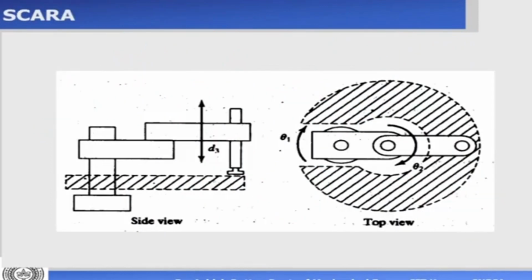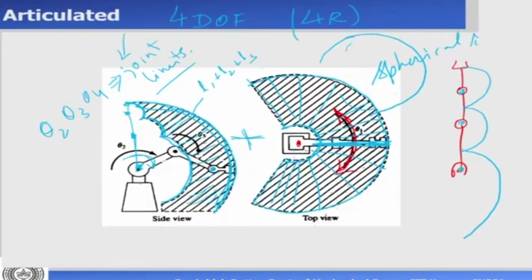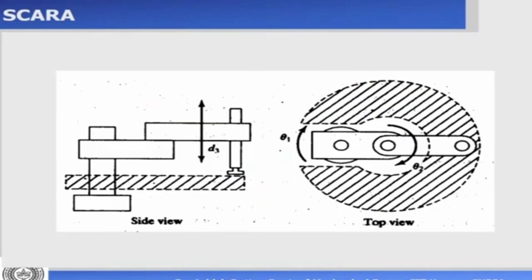Now, in assembly applications, we need motion in straight lines. Robots are used for spot welding, spray painting, and in the electronics industry. In the electronics industry, we require assembly of electronic components, which are normally chips.